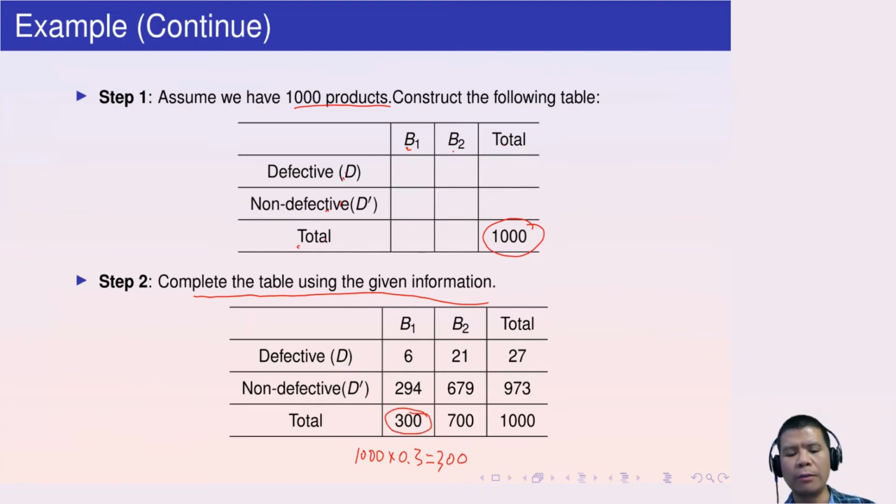So we have 300 products made by B1, and therefore 700 are made by B2, which is 70%. So we got these two numbers, 300 for B1 and 700 for B2.